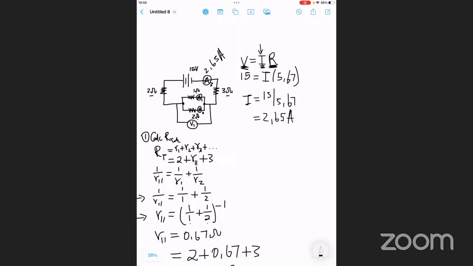The other way, you can use the one for the ratios.